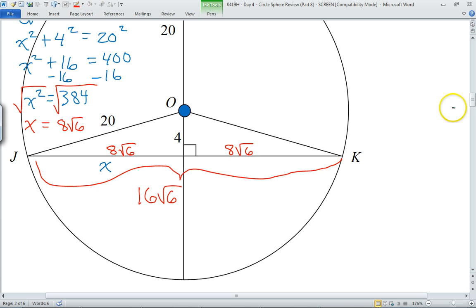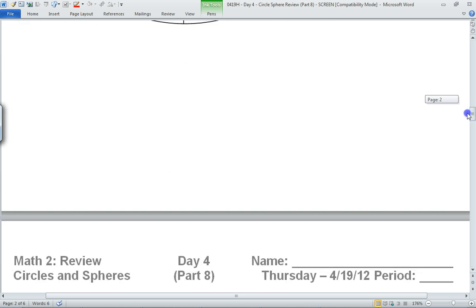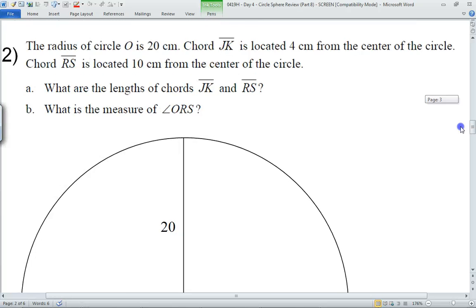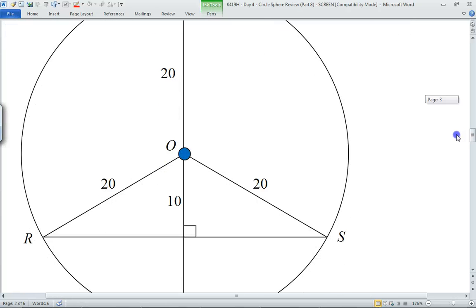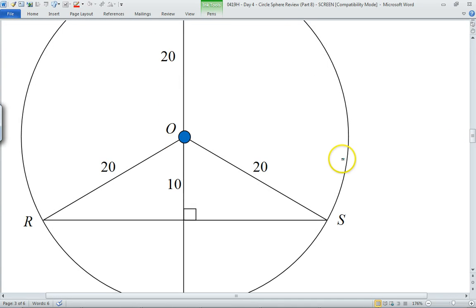So let's see how that works out for us. Okay, so as you can see, pretty much the same picture, but instead of 4, this is now a 10. So this is now RS.